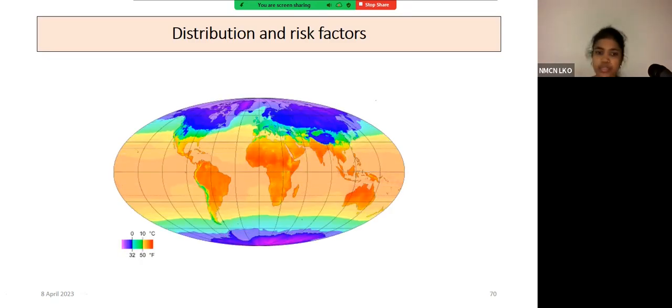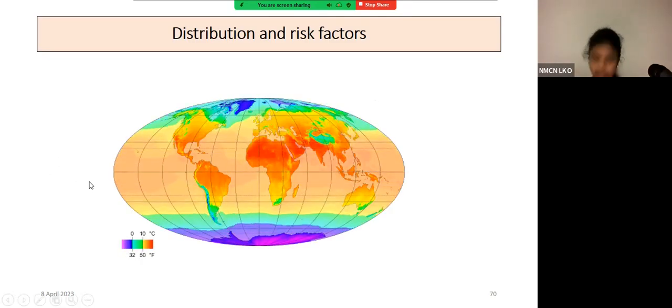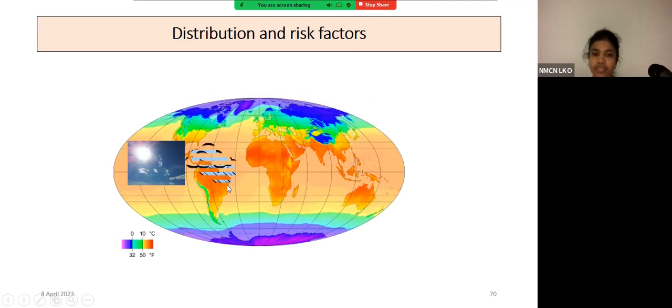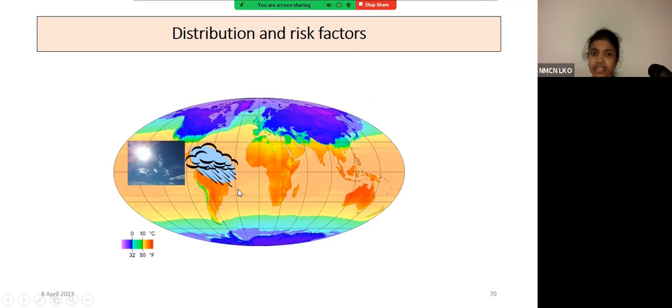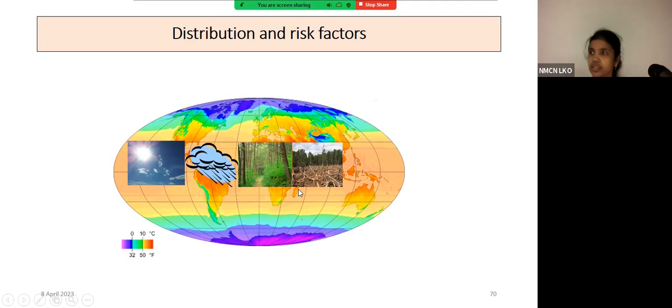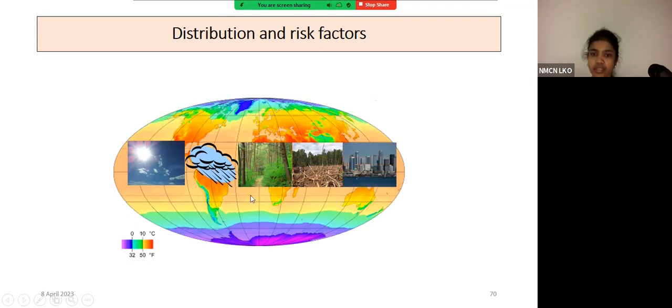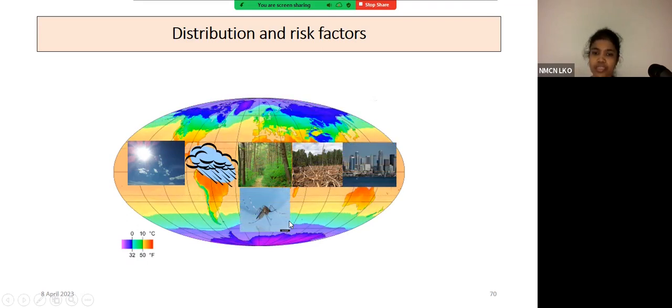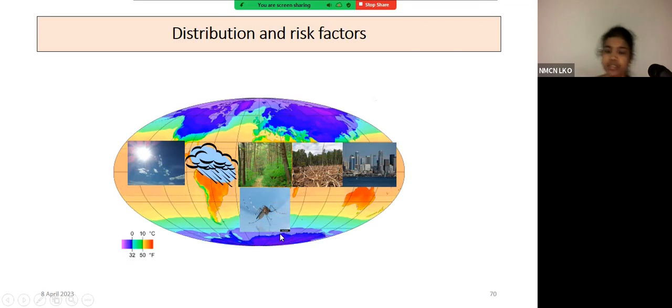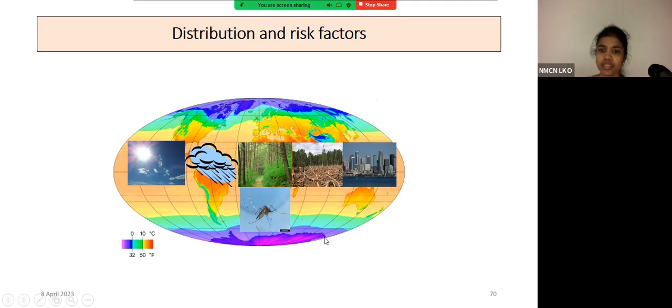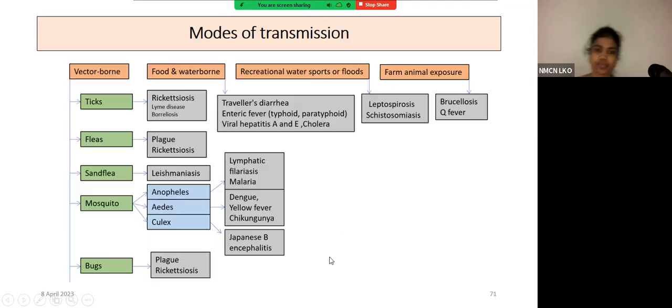Tropical diseases are unique to the geographical region close to the equator because of warm climate, heavy rain, high humidity, and dense forestation, and increased population pressure leads to deforestation and urbanization. All these factors contribute to the increased proliferation of insect vectors, which is responsible for human to human and animal to human transmission of tropical diseases.